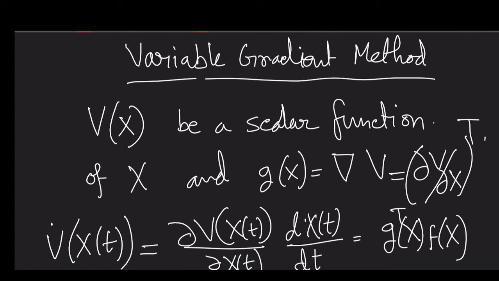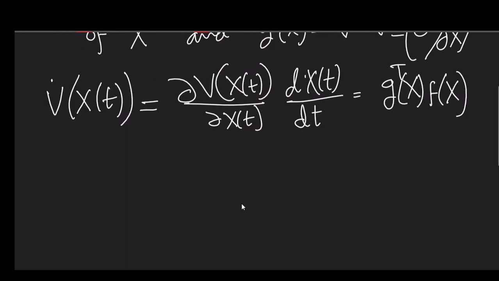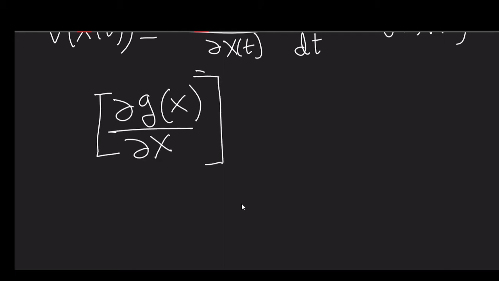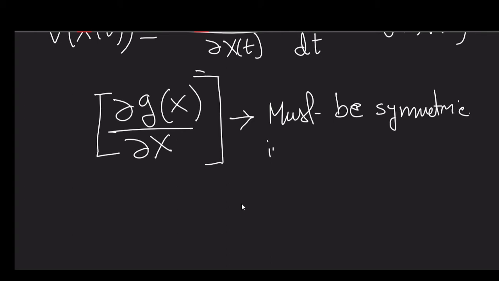So if that is the case, then any gradient function is obliged to have a Jacobian matrix that we can compute, and this Jacobian matrix must be symmetric if g(x) is the gradient of a scalar function.